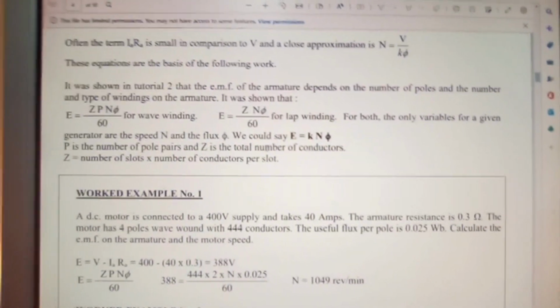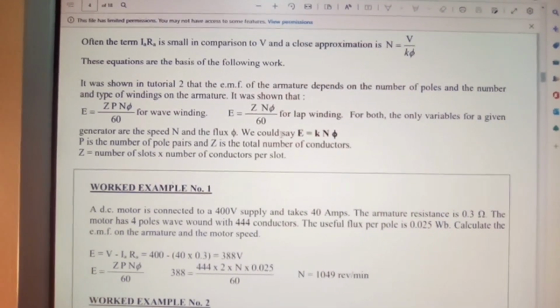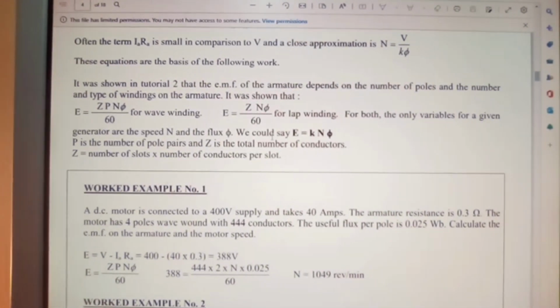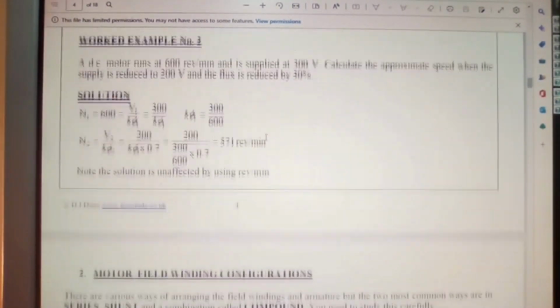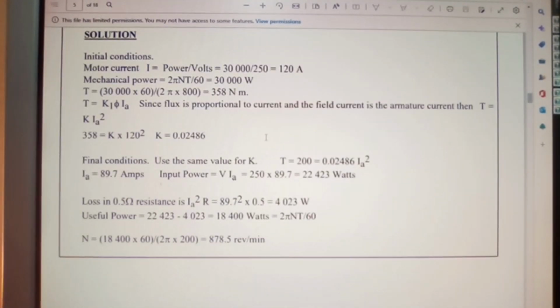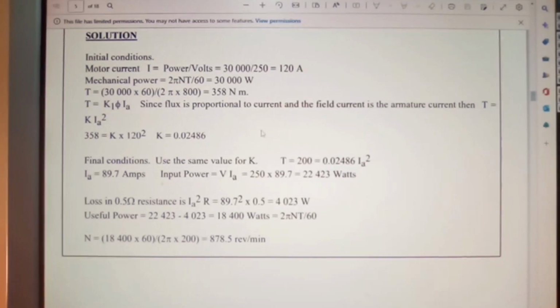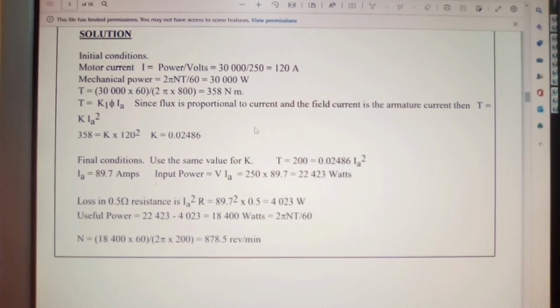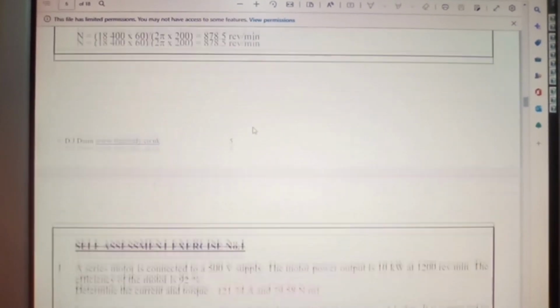As I've said, this gentleman does some very good work, but some of the answers can sometimes be incorrect, so you need to work it out yourself. And we went through that one already.